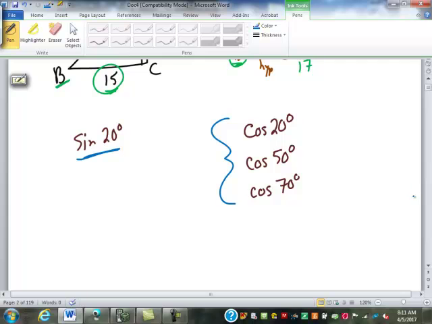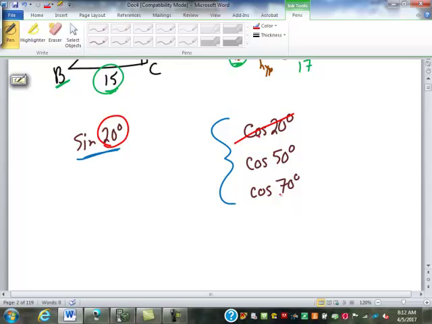And why? Well, cosine of 20 degrees won't be equal to sine of 20, because why would we have a sine and cosine if they're the same for the same angle? So we're down to the cosine of 50 and the cosine of 70.